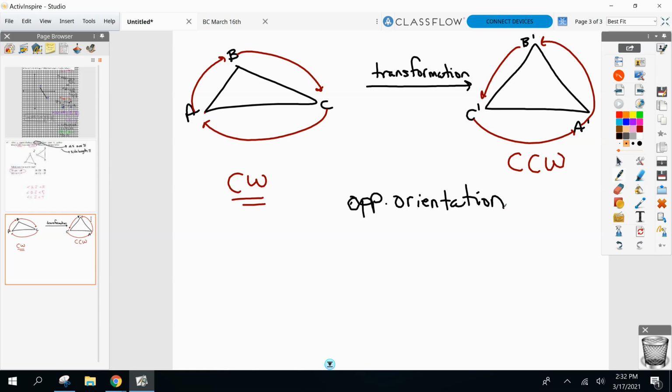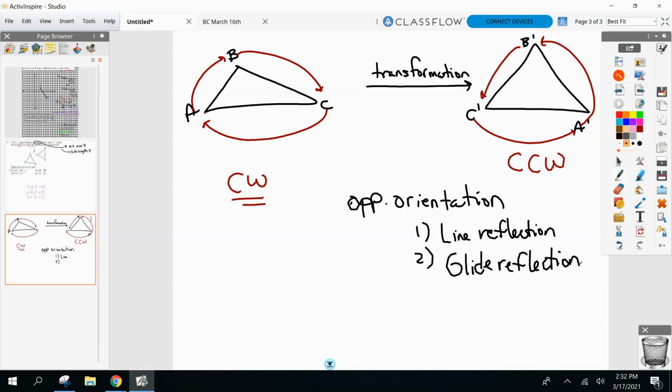Now go back to the opposite orientation that I have up here. There are only two transformations that result in the two figures having opposite orientation. One is a line reflection. And the other is a glide reflection, because part of a glide reflection is reflecting over a line.